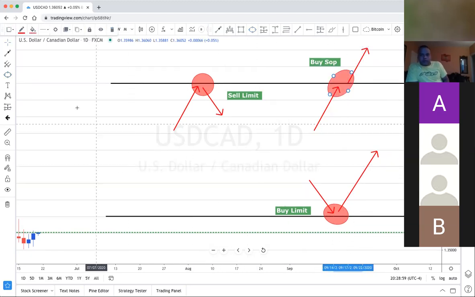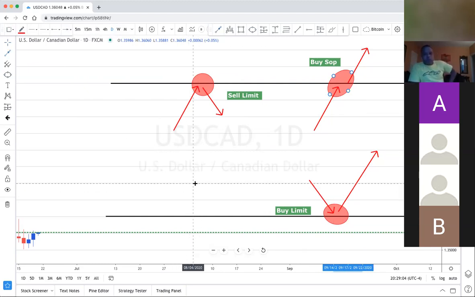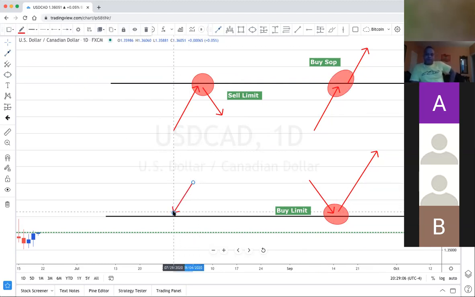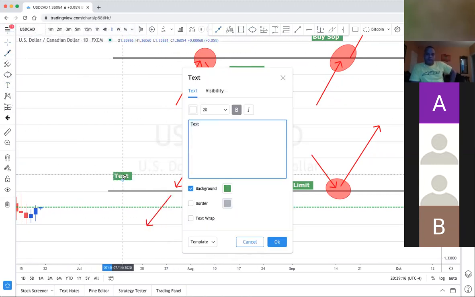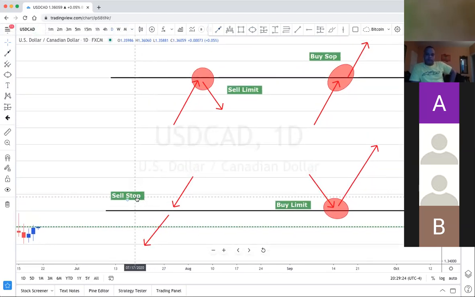And you also have the same concept down here. If price comes down to an area, but it does not stop, now that's called a sell stop. Now, why is this important? I don't use these a whole lot, but some of our products are using them.